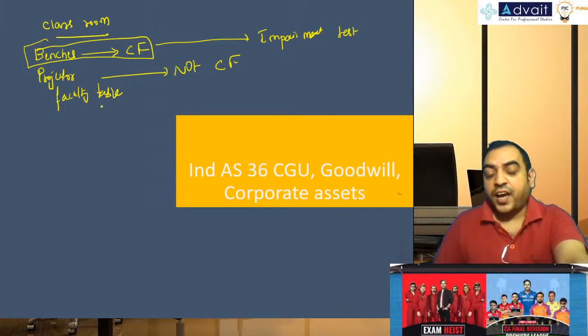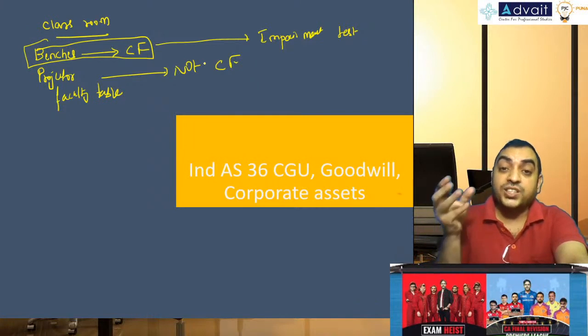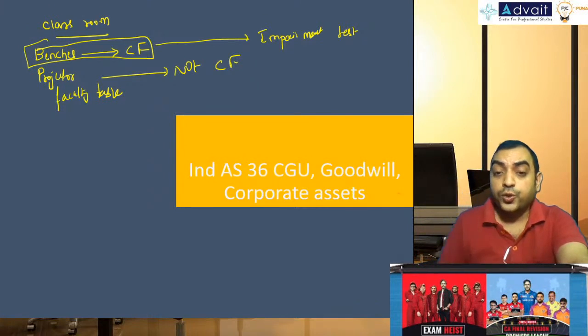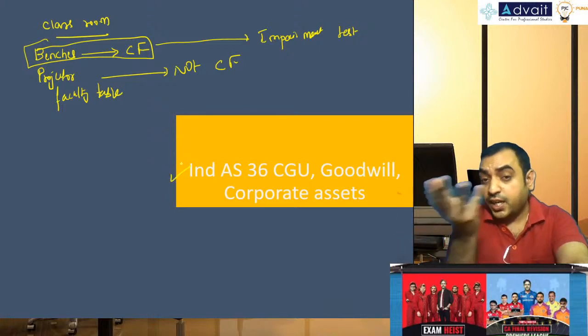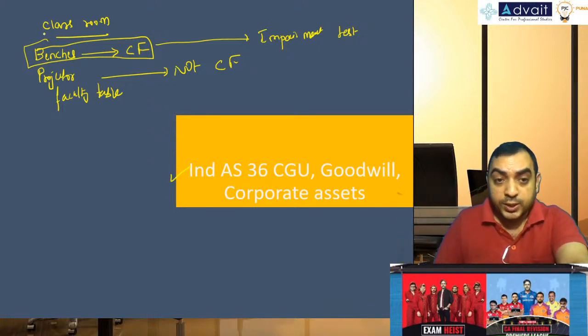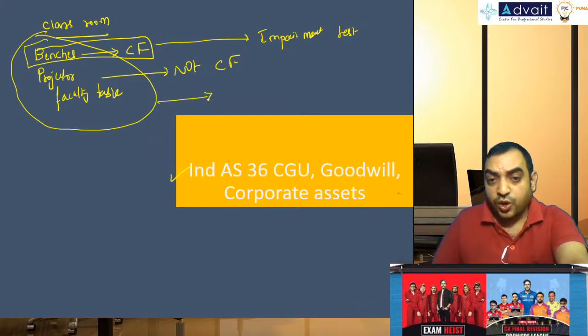But for the projector and faculty table, you cannot do an impairment test. When you cannot do an impairment test individually, you do the impairment on a group basis. So these benches, projector and faculty table together are called a group cash generating unit, and then the impairment test is done.